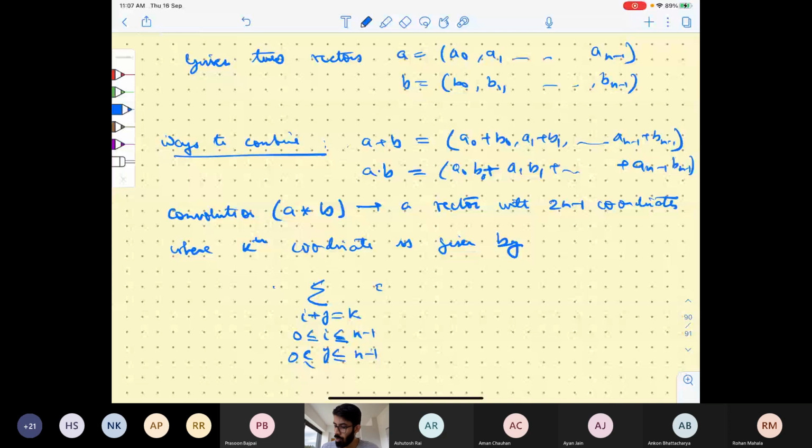So the summation is going to be over the indices i and j of a and b, such that the sum of the indices is k. I have written that, but it's not coming for some reason.